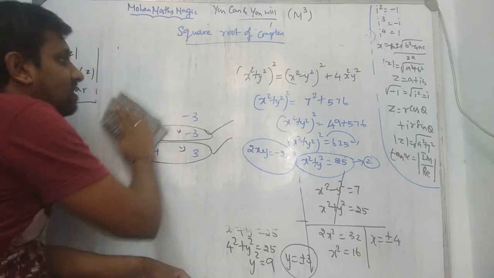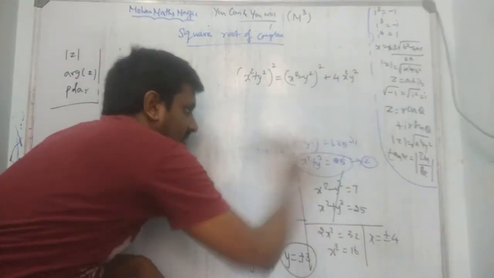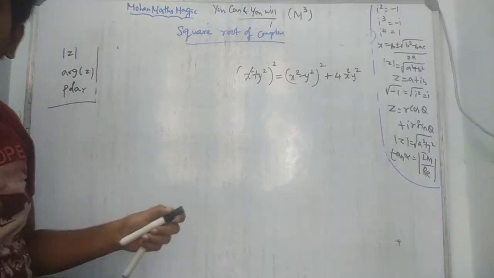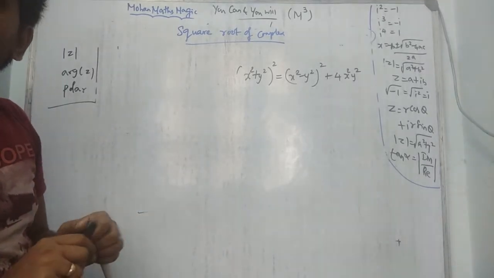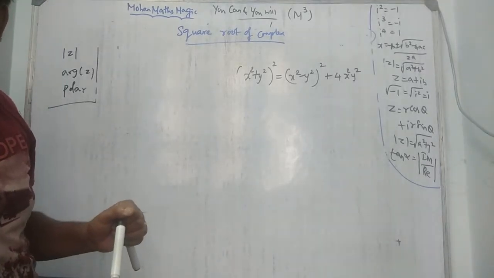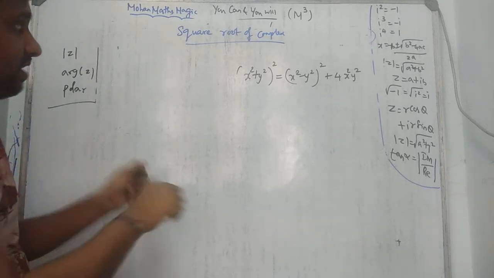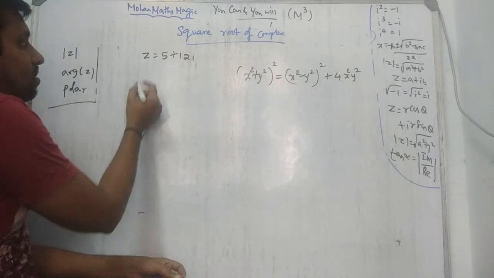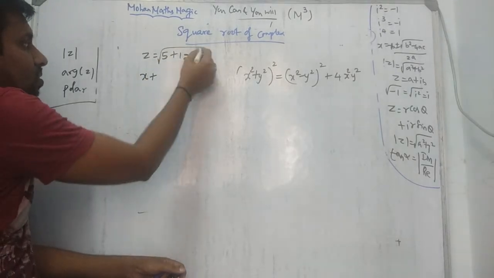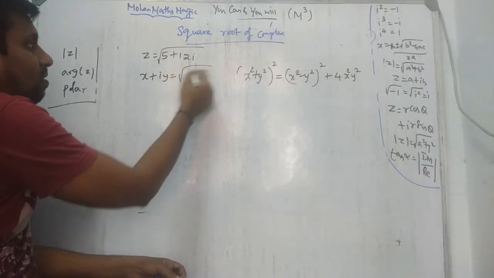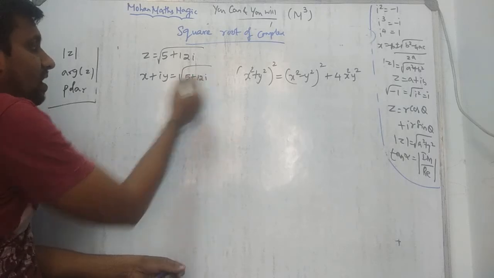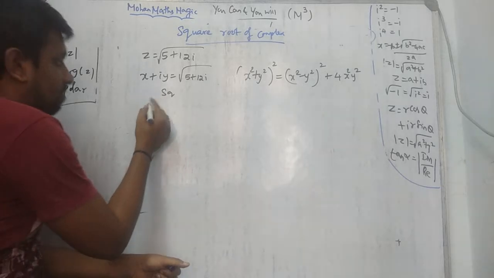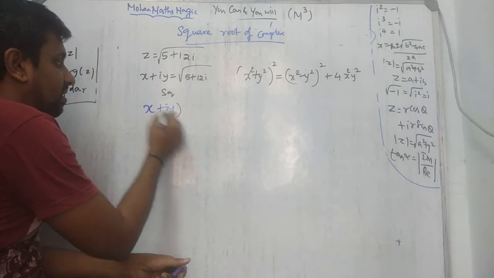Now I will take a second sum, but I won't use the shortcut. Find the square root of the complex number 5 plus 12i. So first, x plus iy equal to the square root of 5 plus 12i. Square on both sides. Then the square root cancels, and we get (a plus ib) whole square.